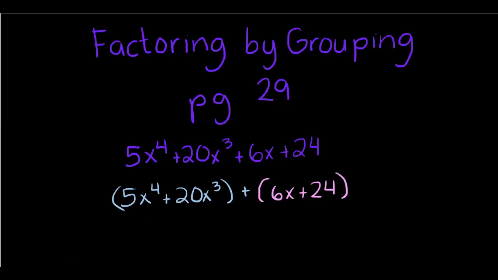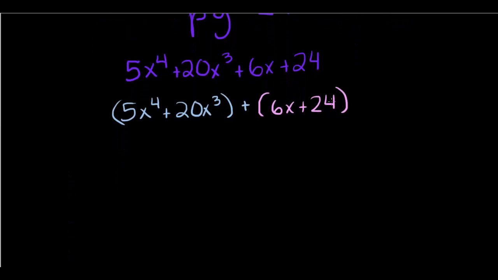I'm going to treat them the same way I was treating the other ones from the previous video. So the common factor amongst these 2 is 5x to the power of 3.